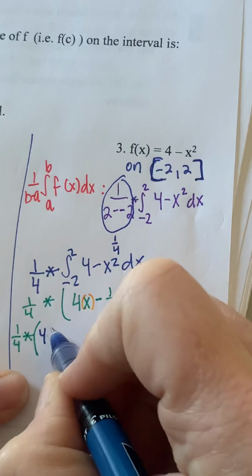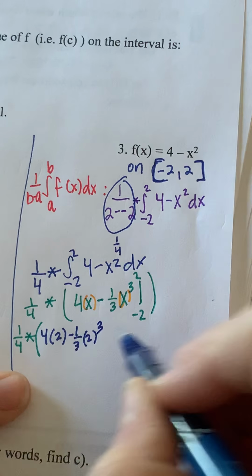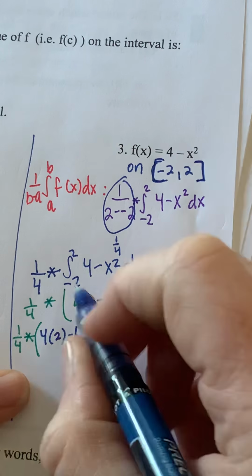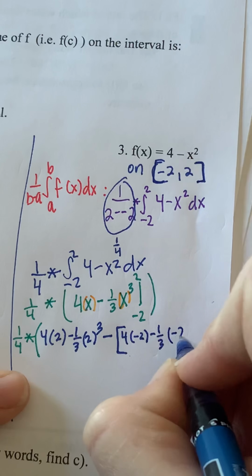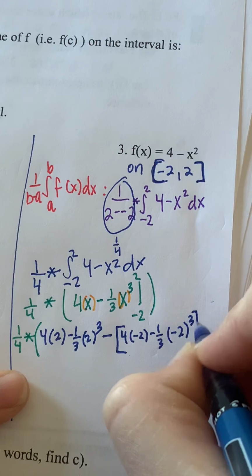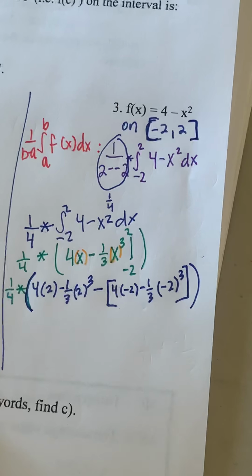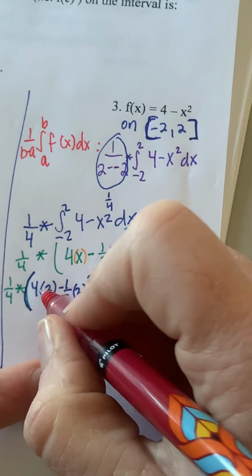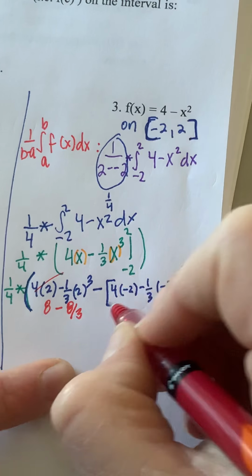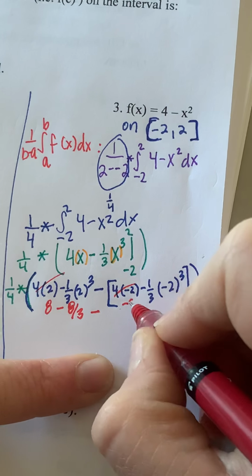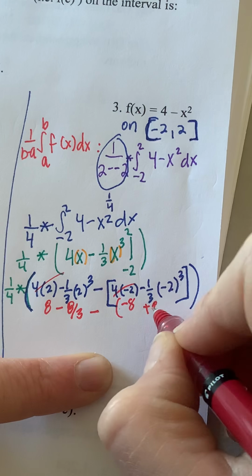So I'll have 4 times 2 minus 1/3 times 2 to the 3rd, minus 4 times -2 minus 1/3 times -2 to the 3rd. Okay, so this is 8 minus 8/3 minus -8 plus 8/3.